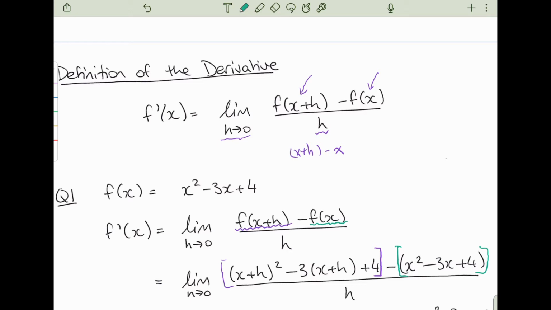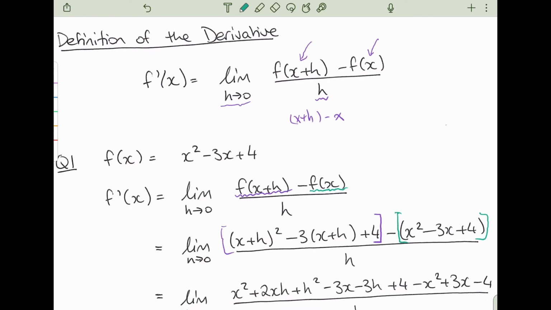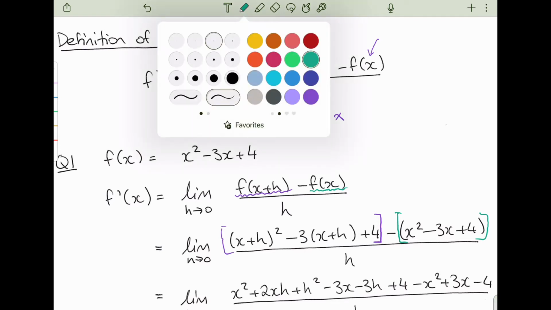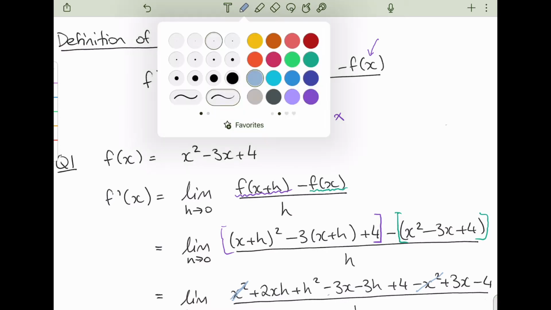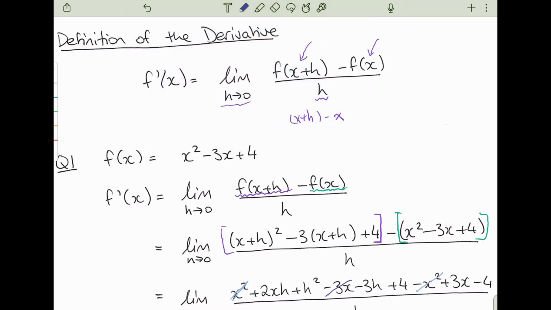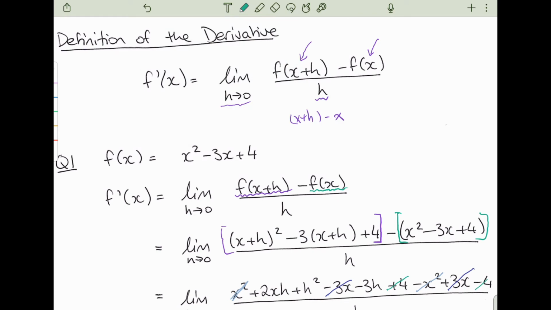We know how to do this type of limit, right? So just open the bracket, then we have a bunch of terms. And now we cancel this x squared and this x squared, and also cancel this 3x here. Cancelled, and also this 4 has been cancelled.